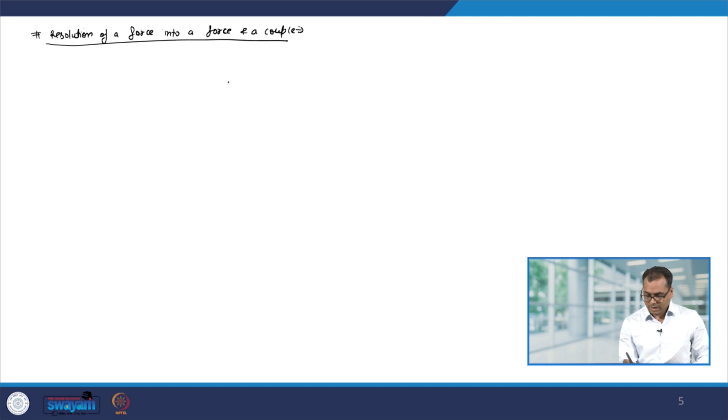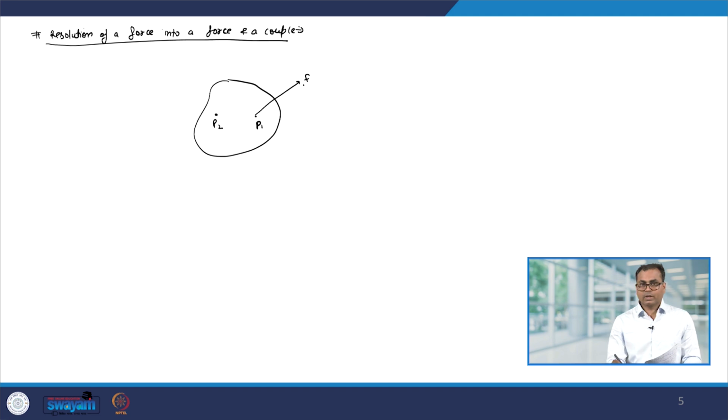Let us say I have a rigid body, and on this rigid body there are 2 points, let us say P2 and P1, and on P1 there is a force F acting. Okay. Suppose we want to move this force from P1 to point P2, while maintaining the same external effect.